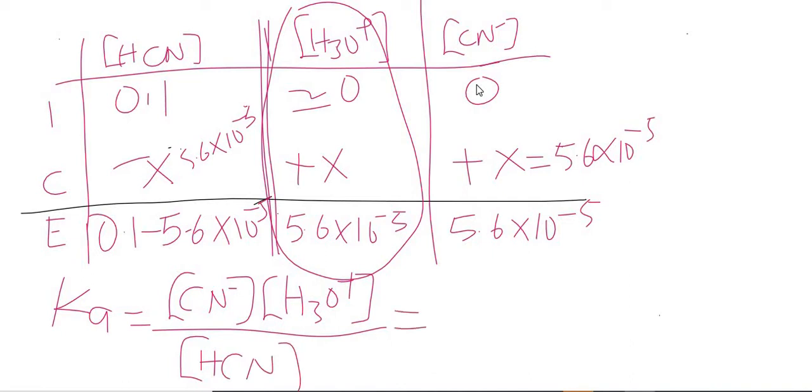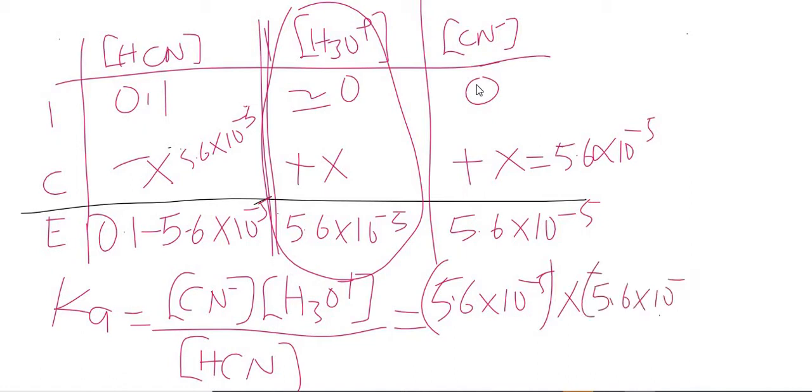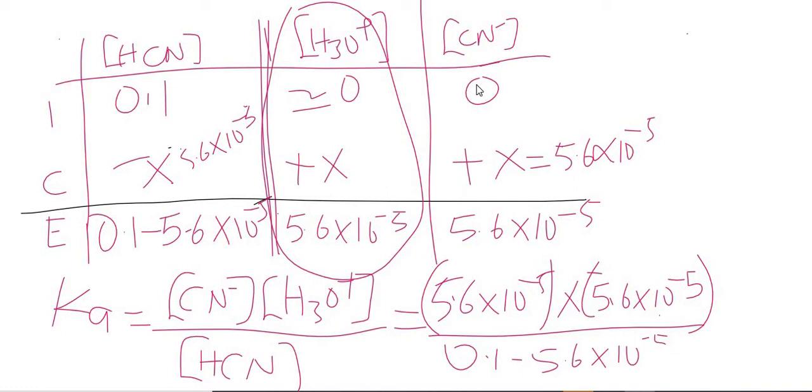So in this case, we have 5.6 times 10 to the negative 5 times 5.6 times 10 to the negative 5 over 0.1 minus 5.6 times 10 to the negative 5.